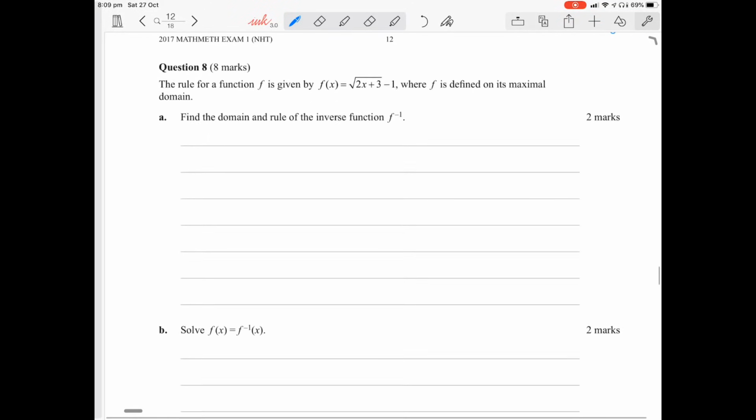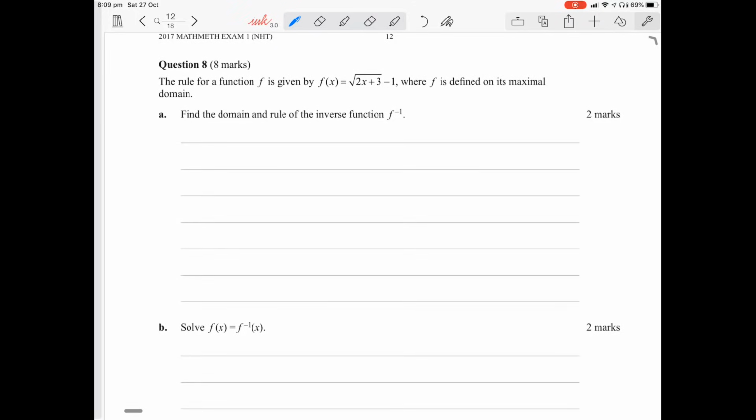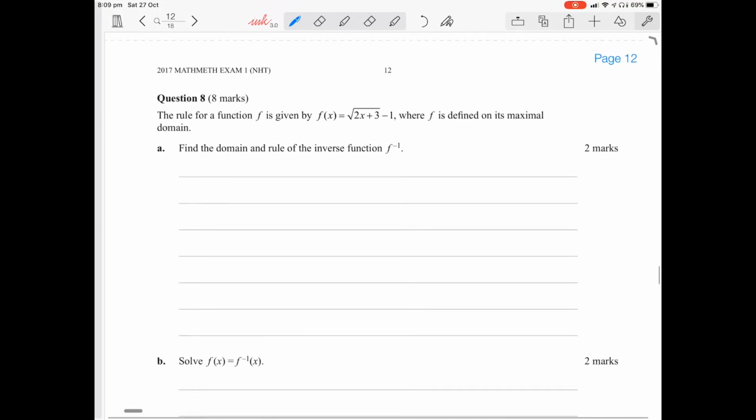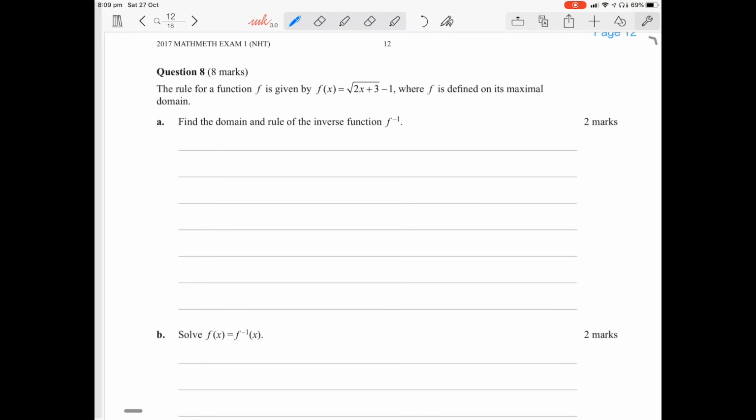Okay, the function f is given by the rule, this is worth a few marks. Find the domain and rule of the inverse function. Okay, so let f of x equal y, swap x and y.